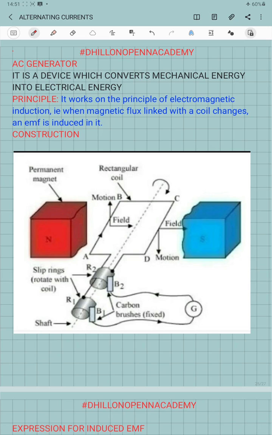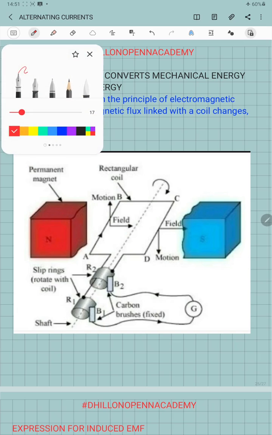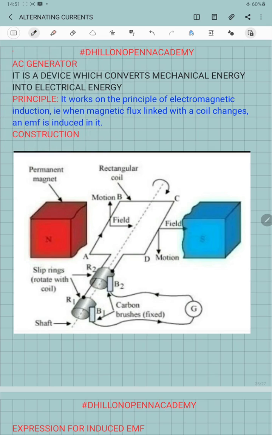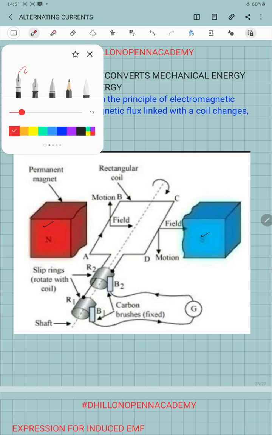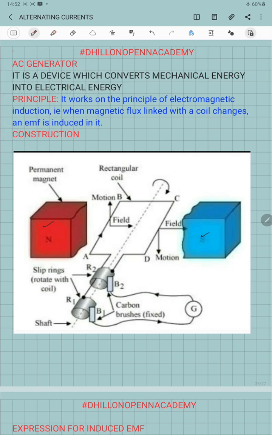What are the basic parts of the AC generator? An AC generator basically consists of two pole pieces of permanent magnets which are concave in shape, north and south pole. Then it consists of an armature coil, which is shown over here in the diagram as A, B, C, D. This is the armature coil.